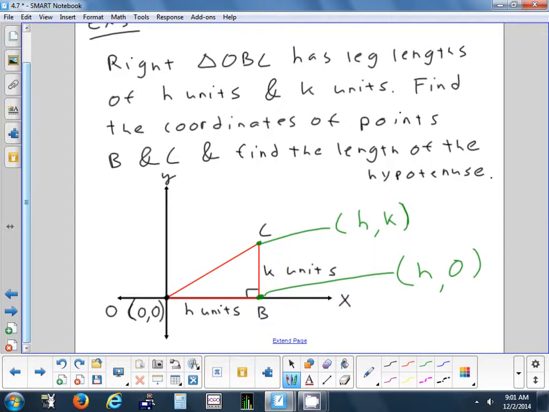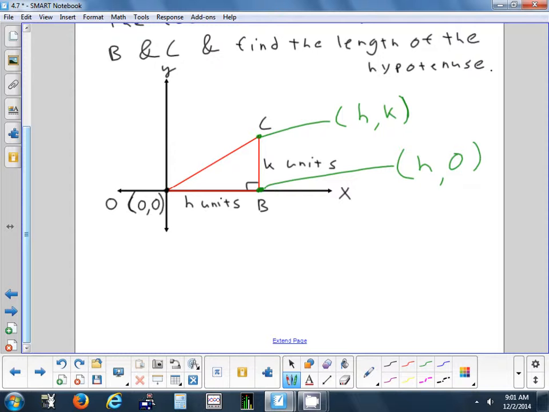Right, now let's find the length of the hypotenuse. When we do that, are we going to get a number here? No, we're not going to get a number because we don't have numbers. We have h units and k units. What's that theorem we use to do this again? Yeah, the Pythagorean Theorem.